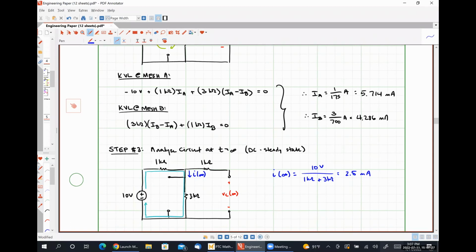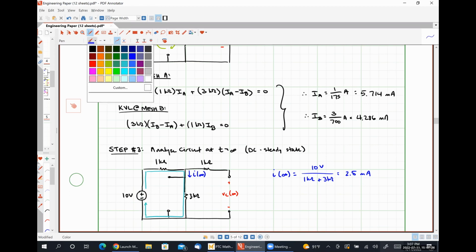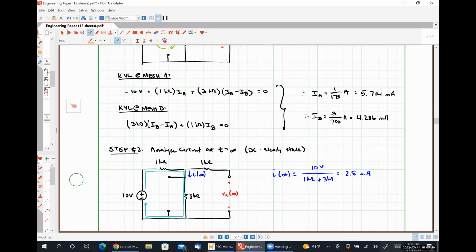All right, so to determine VC, I'm going to do effectively the exact same thing I did at t is equal to 0 minus as well, okay? So I know that 2.5 milliamps of current flows through the 3 kilo ohm resistor, which means that the voltage drop across the 3 kilo ohm resistor is 2.5 milliamps times 3 kilo ohms, or 7.5 volts.